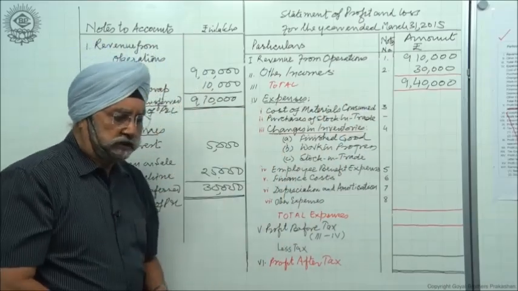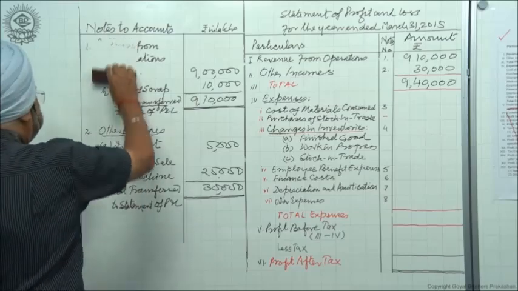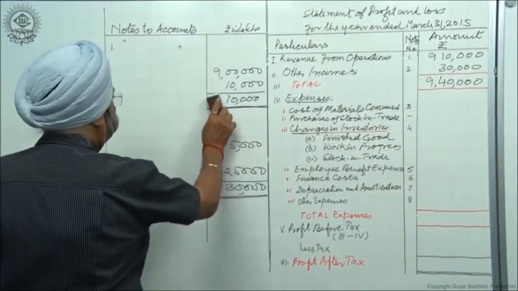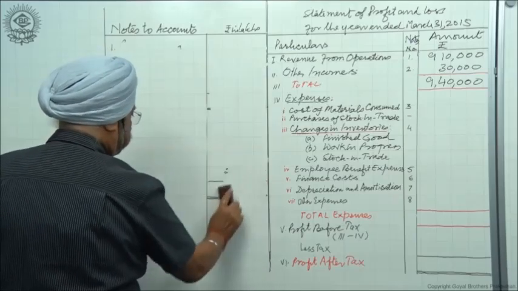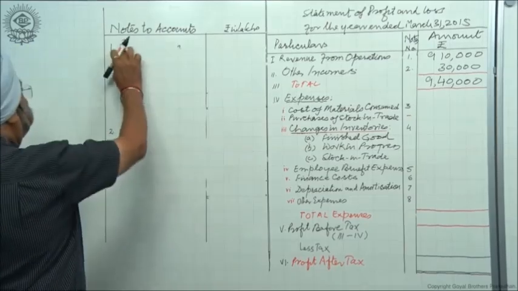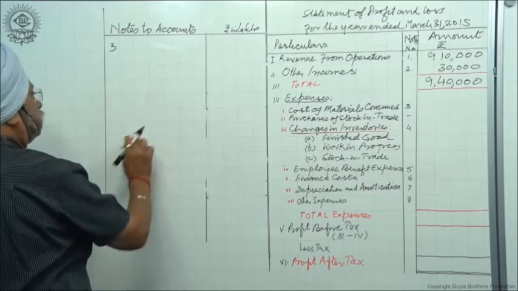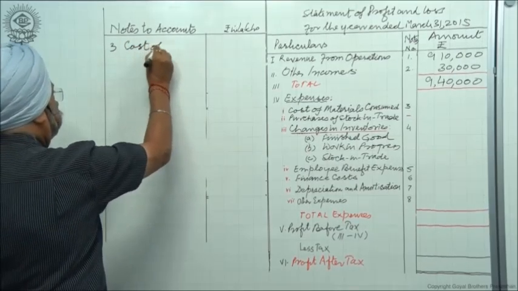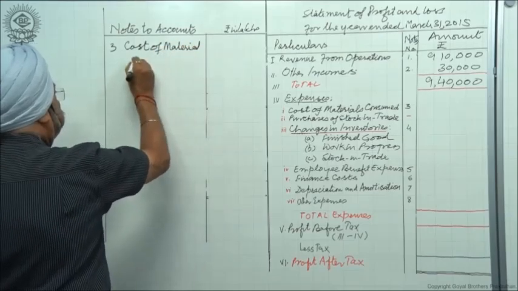Now I come to expenses. My first expense is cost of material consumed. So my note number 3. The notes to accounts number 3, this is number 3, that is cost of material consumed.